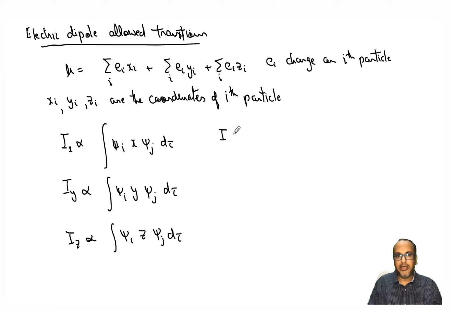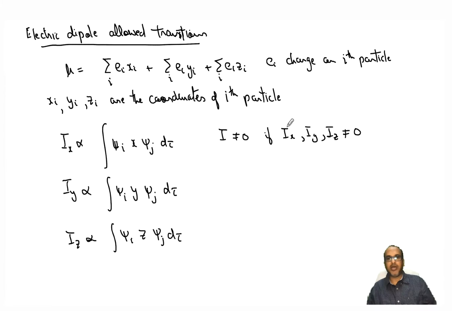Now I will not be equal to 0 if any of these Ix, Iy or Iz is not equal to 0, right? If Ix is not equal to 0, then the total intensity will not be equal to 0, or if Iy is not equal to 0, the total intensity will not be equal to 0, and so on.